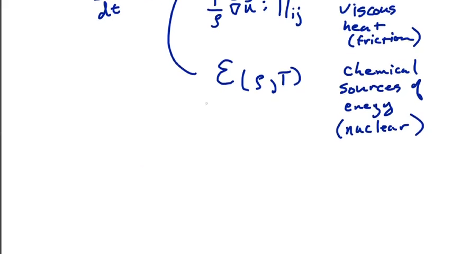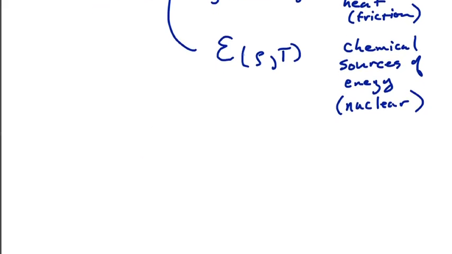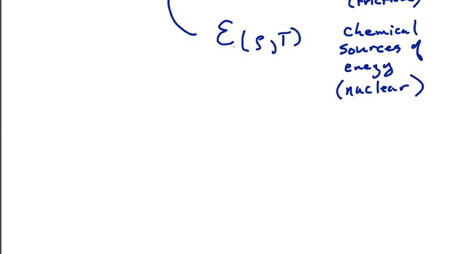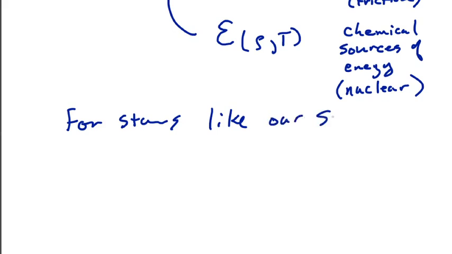To give you an idea of the feel of these epsilon terms in actual astrophysical circumstances, for stars like our sun, these can be very temperature and density dependent. So for a star like our sun, it releases energy using something called the pp chain process.